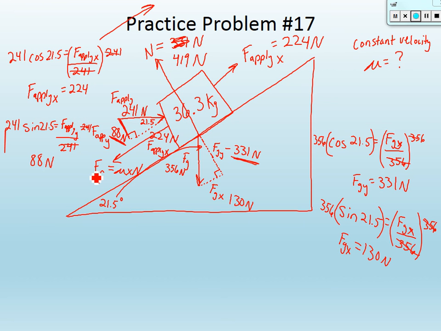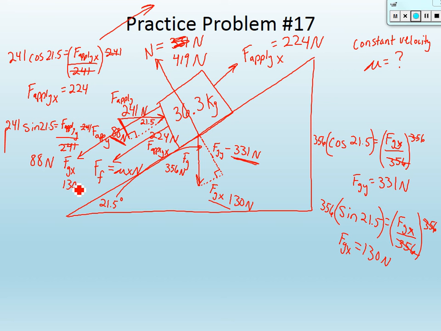Is there anything else that's making this couch move down? The weight in the x. Yeah, force of gravity in the x is also going to make it move down, right? So, getting really messy, but force of gravity in the x, what does that equal? 130.